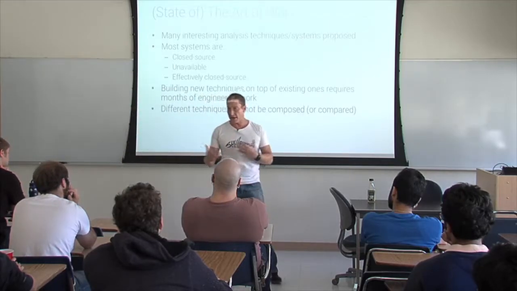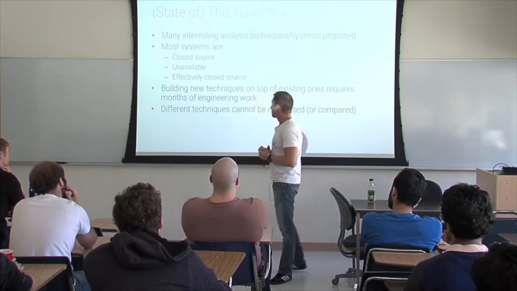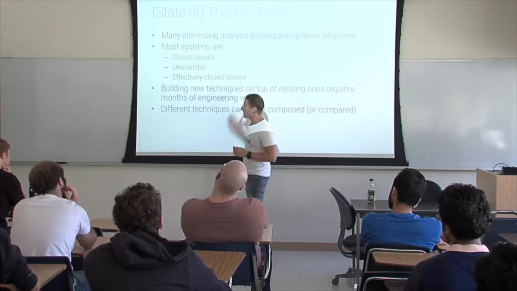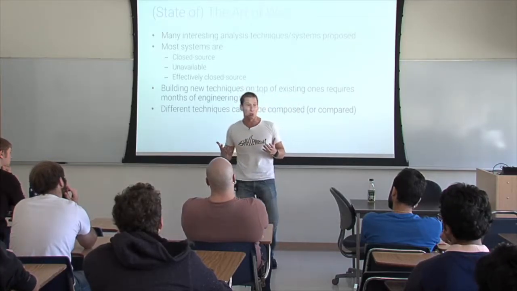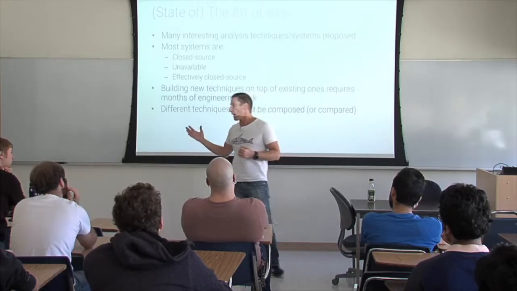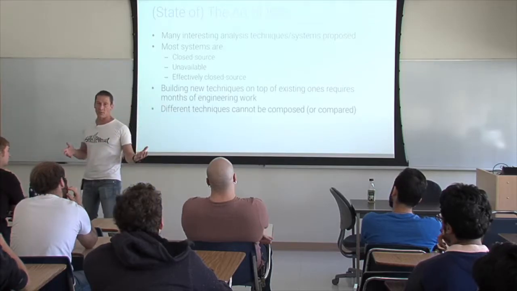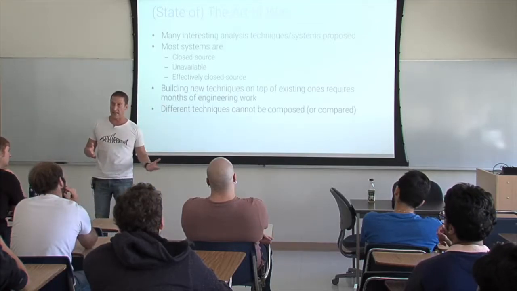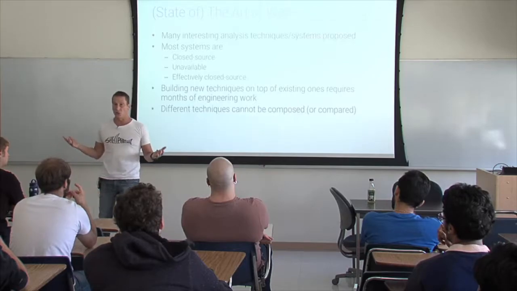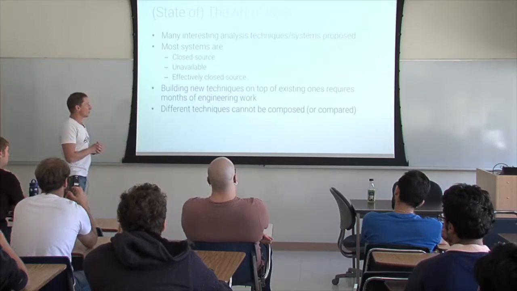They do all these different analysis techniques, but they're not available. And others that are supposed to be open source but are effectively closed source, meaning that you will find on a website some super old version of some university prototype that is non-maintained and fundamentally unusable and for which you will have no support.